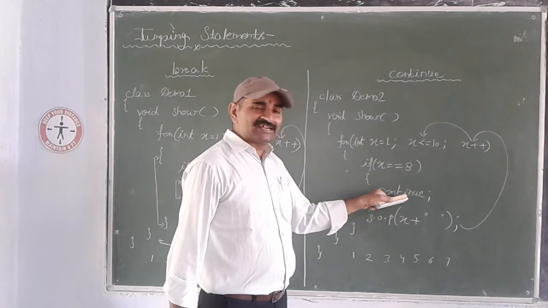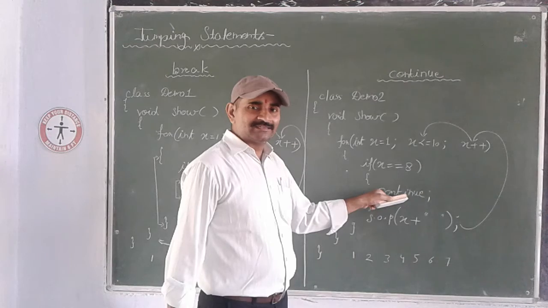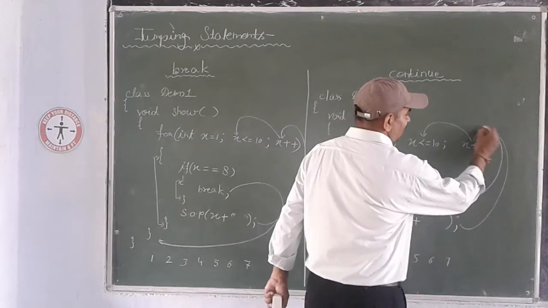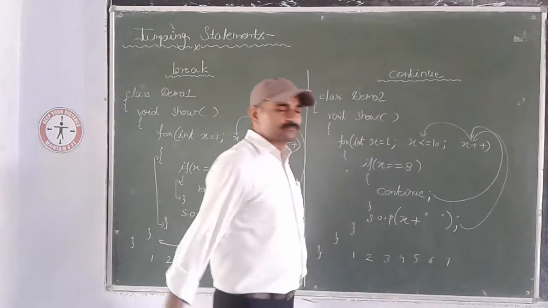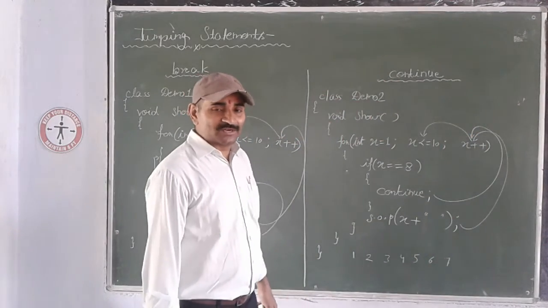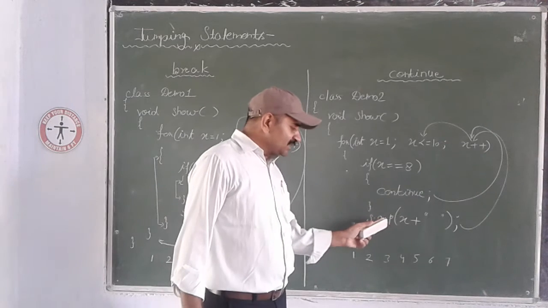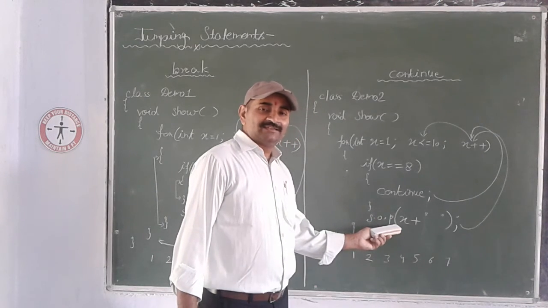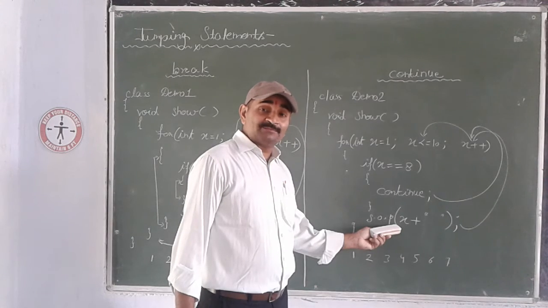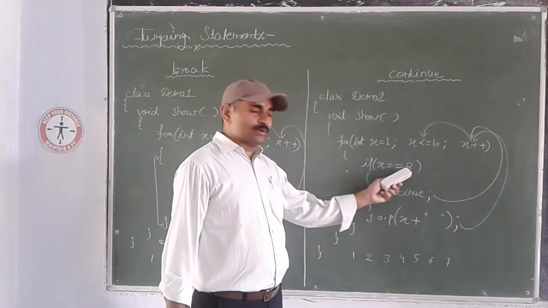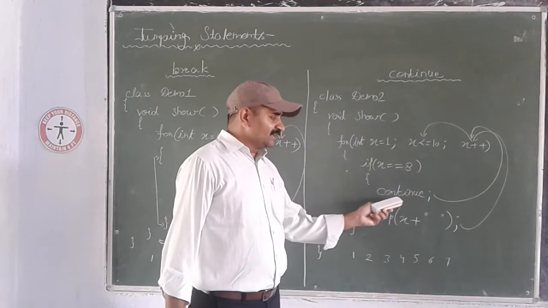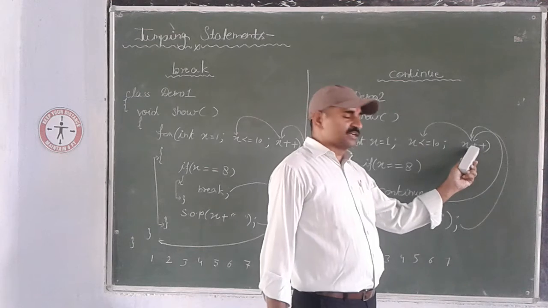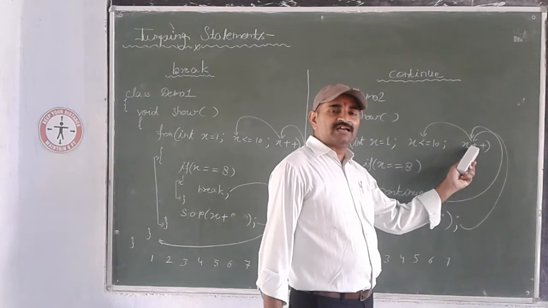So continue statement moves the control to the next iteration, that is x plus plus. So control will not reach the statement system.out.println when x becomes 8. Since 8 is equal 8, condition is true, and here continue statement encounters, continue shifts the control to the next iteration. It means to the updation of the loop.